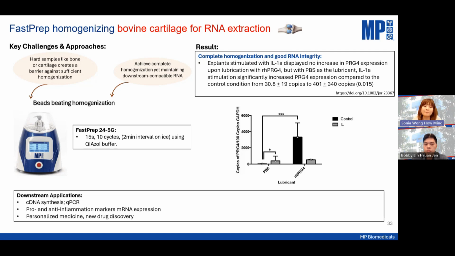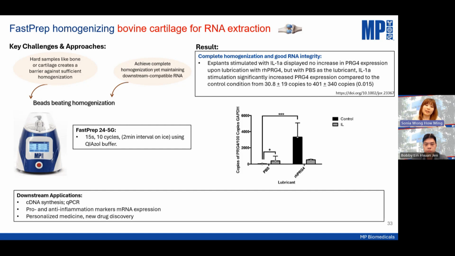So in this case, again, FastPrep-24 5G has helped this group of researchers to do a just nice homogenization, which is 15 seconds for 10 cycles with a 2-minute interval on ice using Qiazol buffer, where it has actually helped them to get good RNA yield and integrity sufficient for their outcome, which is they did a qPCR on the recombinant proteoglycan 4 protein, which is their marker of interest in this case.